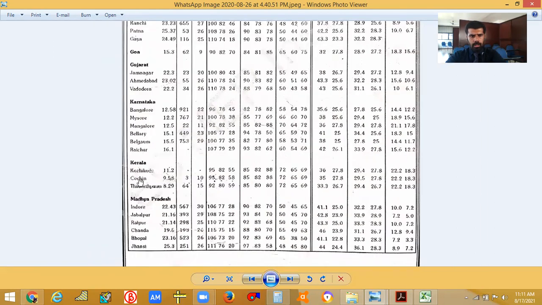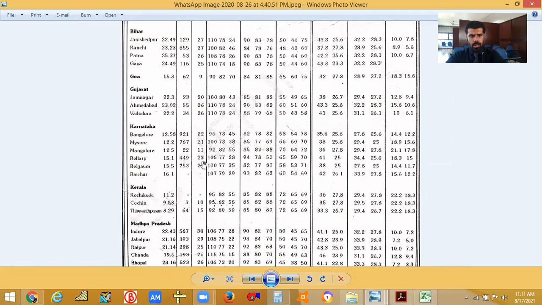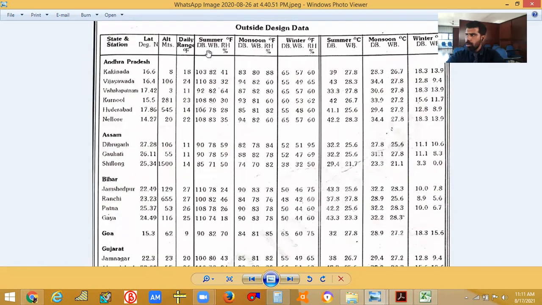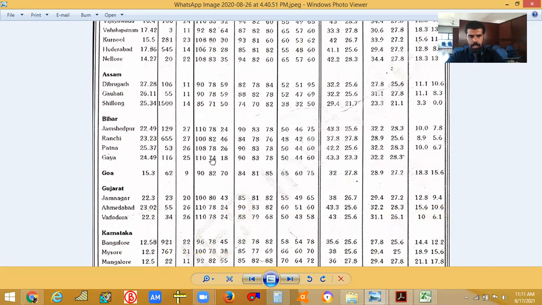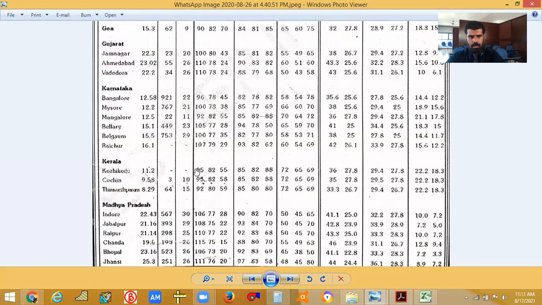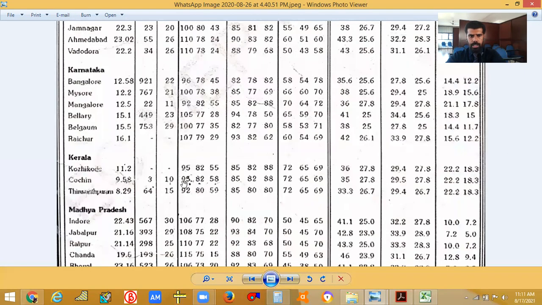In Cochin, my dry bulb temperature. Dry bulb means the outside temperature. We have dry bulb, wet bulb, and the RH. This will be helpful for E20 also. My dry bulb temperature for this particular location is 95 degree Fahrenheit and wet bulb is 82 degree Fahrenheit.